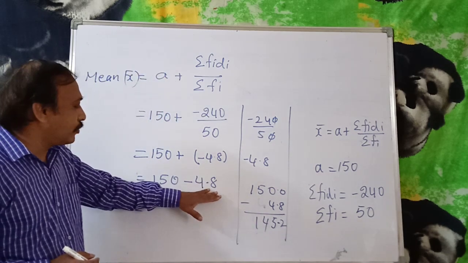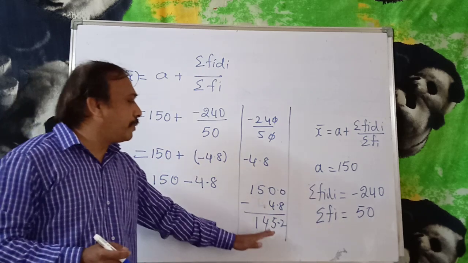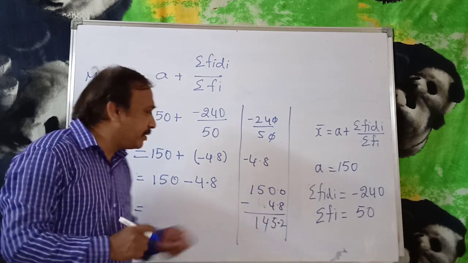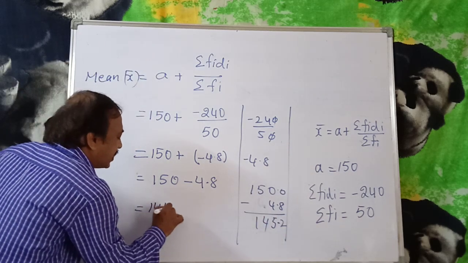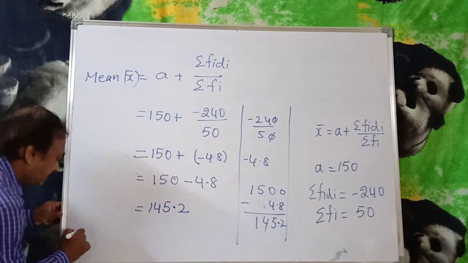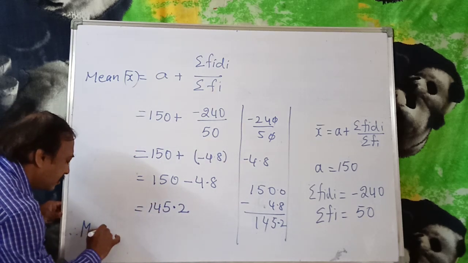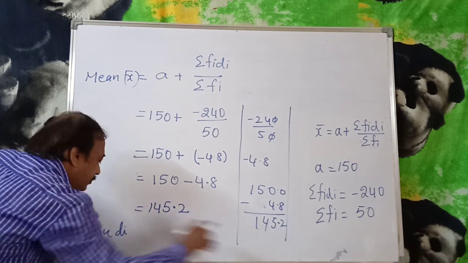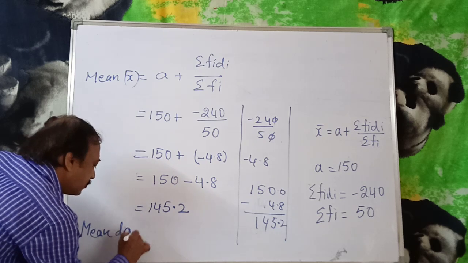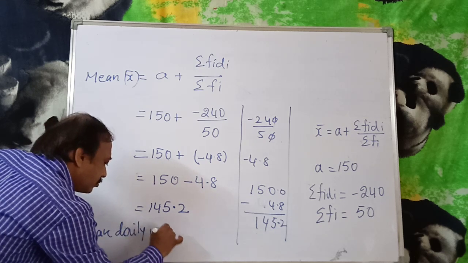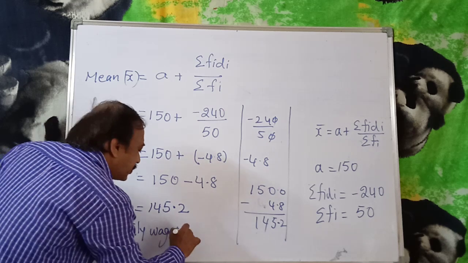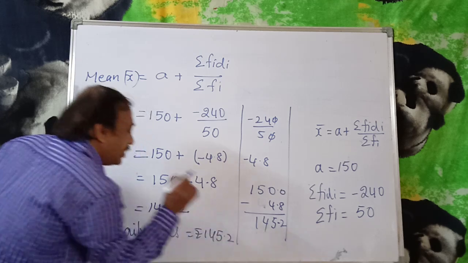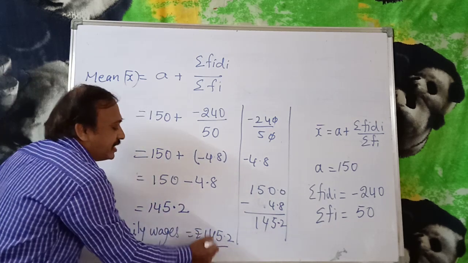Therefore, the mean daily wage is equal to rupees 145.2. This is how we calculate.